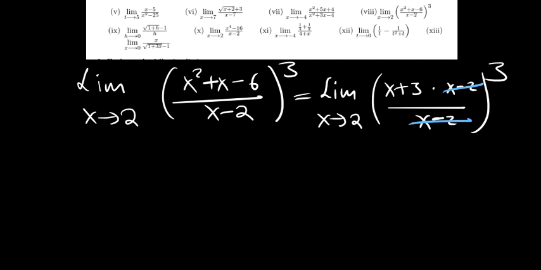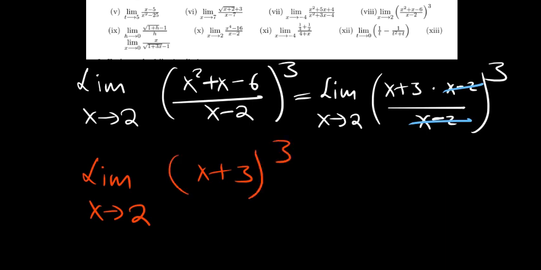So at this point, we're remaining with the limit as x approaches 2. Numerator, we have x plus 3 as the only remaining part. Everything else has been cancelled. So plug in a 2. You're going to have 2 plus 3 raised to the power 3. 5 to the power 3. 5 times 5 is 25 times 5 is 125, is it?